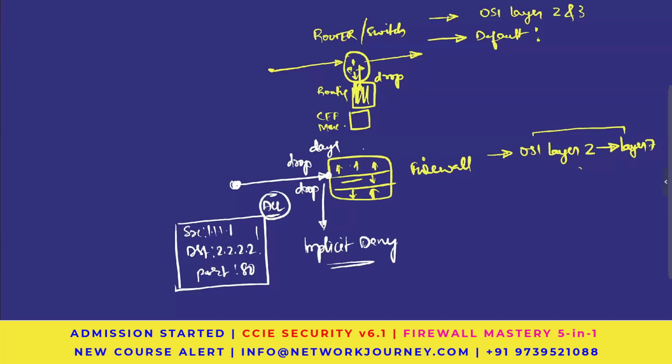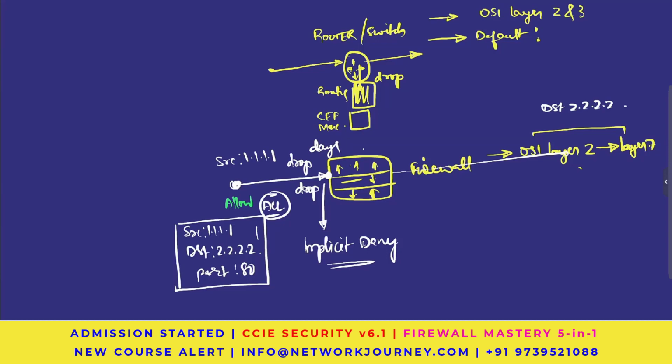And now you receive a perfectly matching traffic. You have 1.1.1.1 trying to reach the destination on the other side, which is 2.2.2.2. Now this traffic is trying to enter. You have an ACL which is set to allow the traffic, right? Now it will do the next step here.